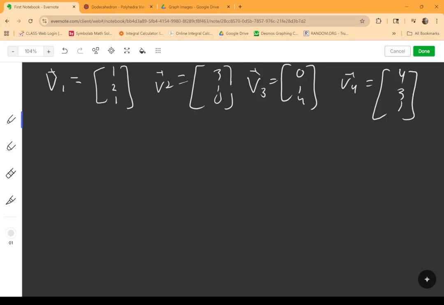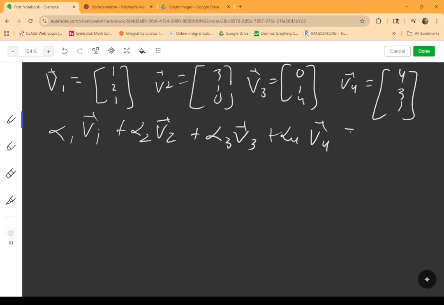Again, I want to determine, is this linearly independent? Why or why not? I want to determine if a non-trivial solution, something besides the trivial solution, exists.